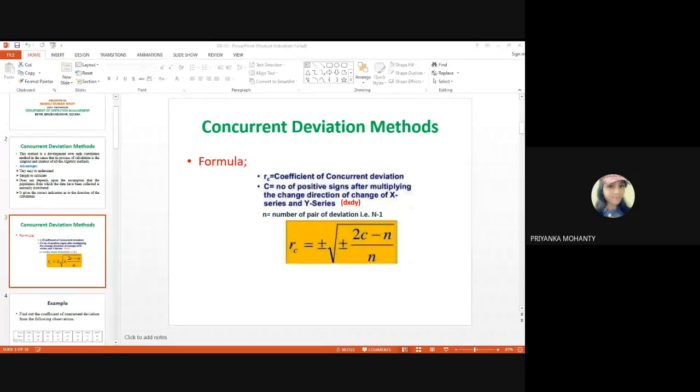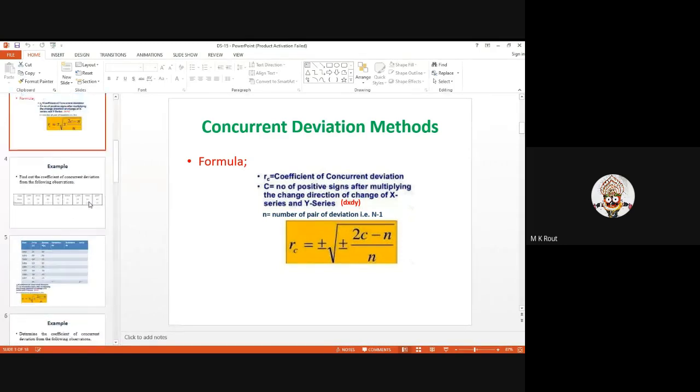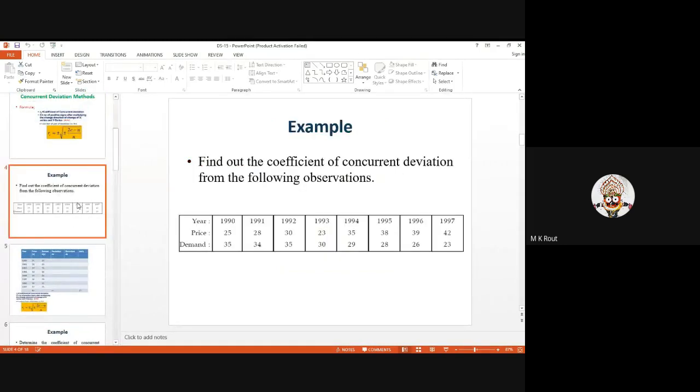Okay, so let's solve an example in the case of the concurrent deviation method. Find out the coefficient of concurrent deviation from the following observations. Here the year, the price and the demand are given. The years are 1990 to 1997, and the prices are 25, 28, 30, 23, 35, 38, 39 and 42.